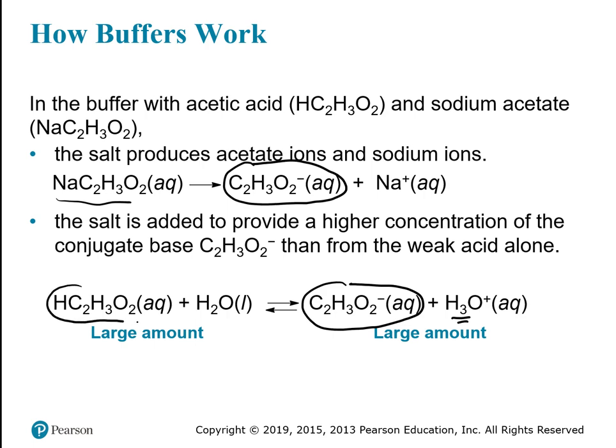You're also going to have a large amount of acid, and that can take on a lot of the OH-. So you have to have large amounts of both your weak acid and your conjugate base, so that when you add little bits of acid or base, you're not going to see a big change in your pH.